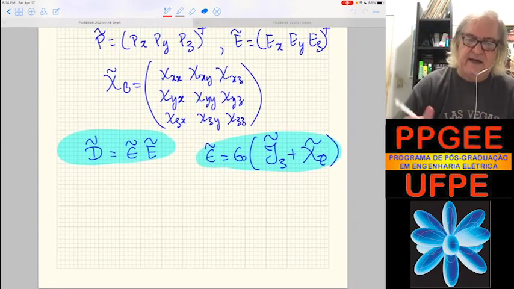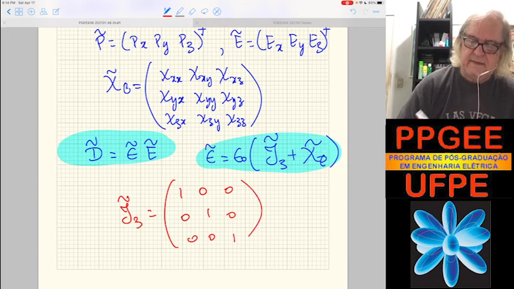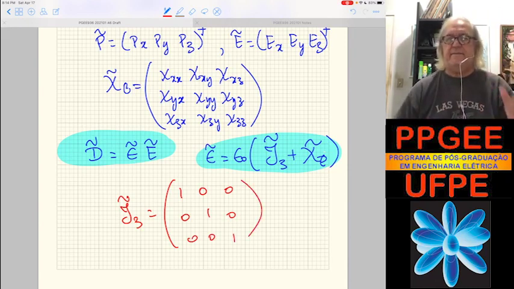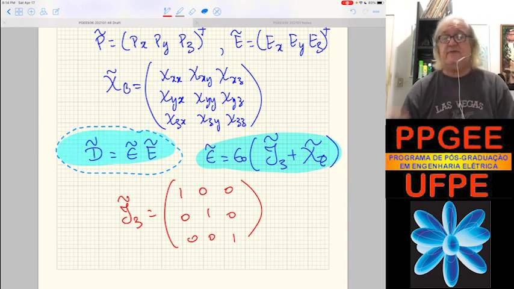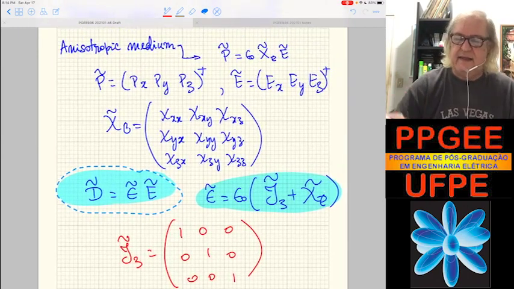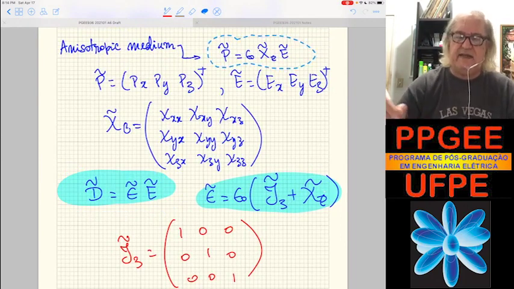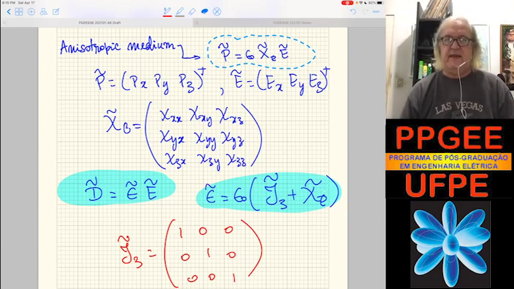So I3 here is the identity matrix. So that's what we obtain, okay? That's the relationship between D and E, it is going to be a matrix relationship. And the same for the susceptibility tensor, or susceptibility matrix, which establishes the relationship between P and E.